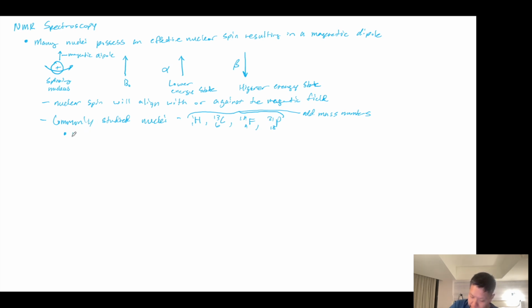Nuclei with odd mass numbers have a spin number, or I. I can equal things like 1/2, which is the easiest and probably most common, because it would be our nuclear dipole.